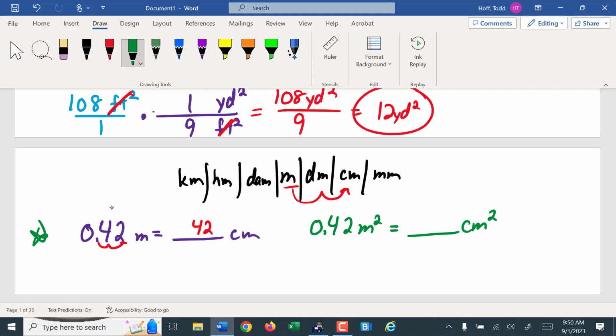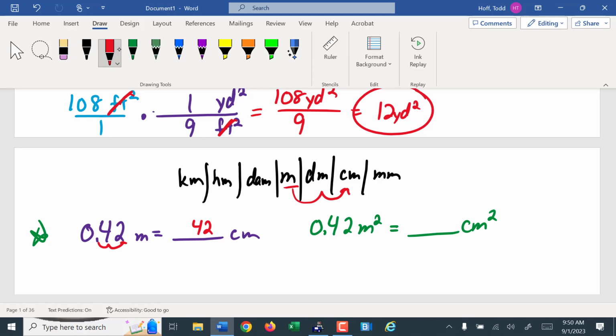If it's square units, though, each spot on the chart is now multiplying by 10 squared, or 100, or dividing by 10 squared, which is 100. If you're multiplying or dividing by 100, the decimal point moves 2 spots. So when it's square units, you have to double the number of places your decimal point moves.